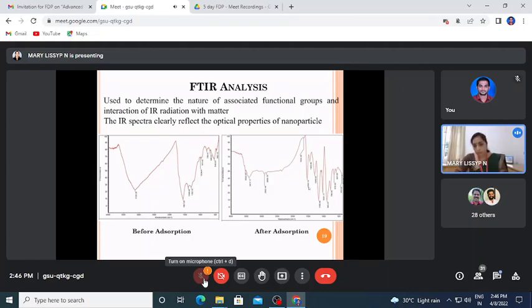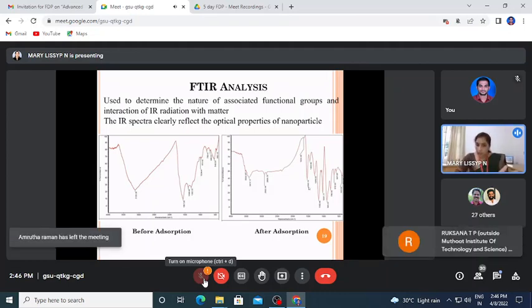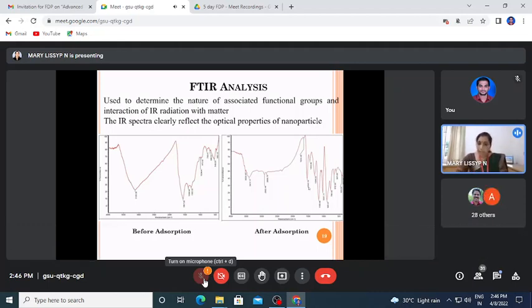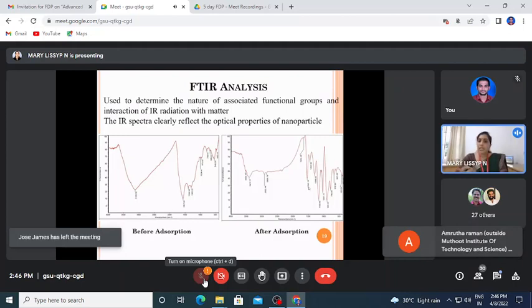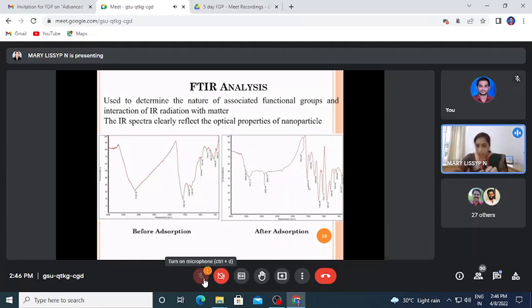It is not increased. Here there are two chances. The value of 1567 can be increased to 1600 or can be decreased to 1543. If it is increased to 1600, then that means it is physical adsorption. That means for band 1567, if it is physically adsorbed, the value will be increasing. But in the other case, it is chemical adsorption. That is why it got decreased.